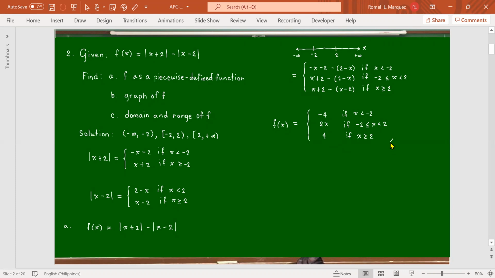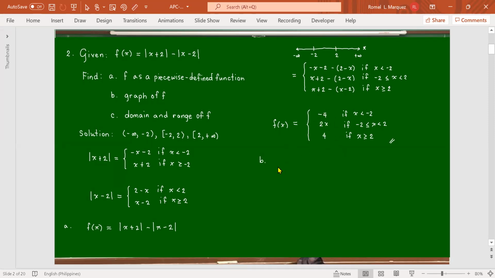So this is letter A. What about letter B? For letter B, we want to know the graph, no? So how do we determine the graph of f? How many expressions defining f do we have?